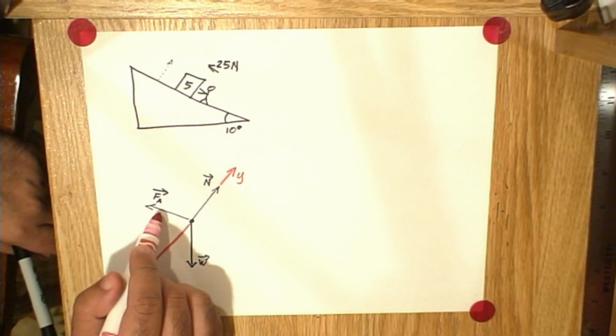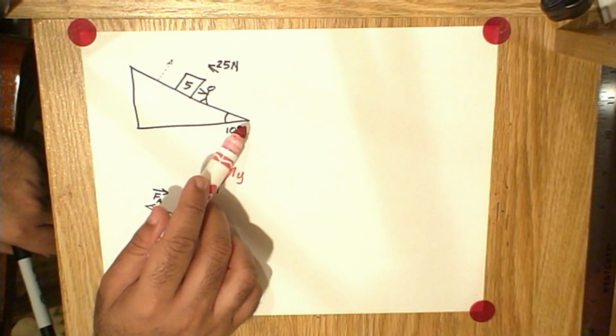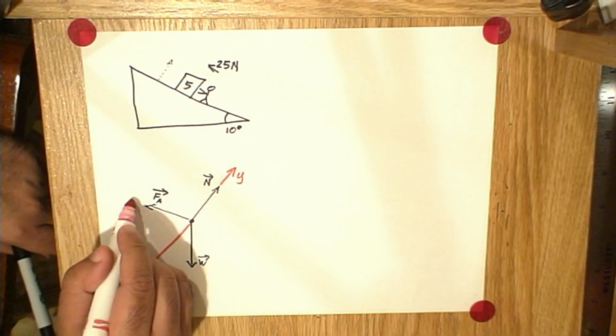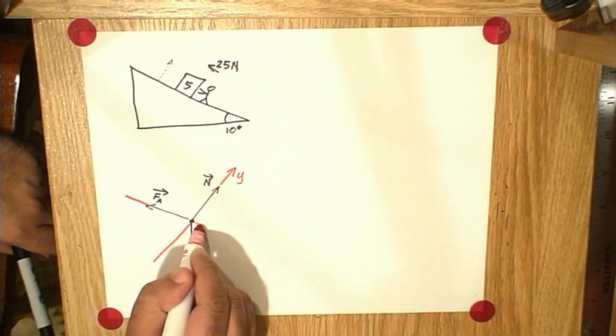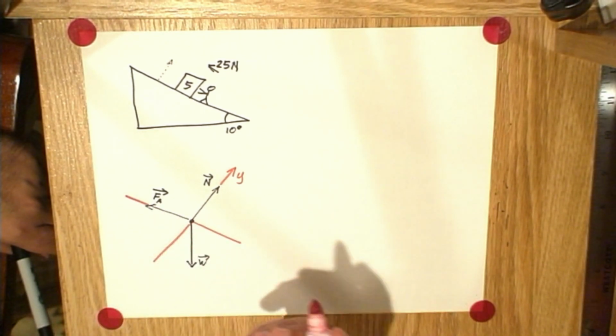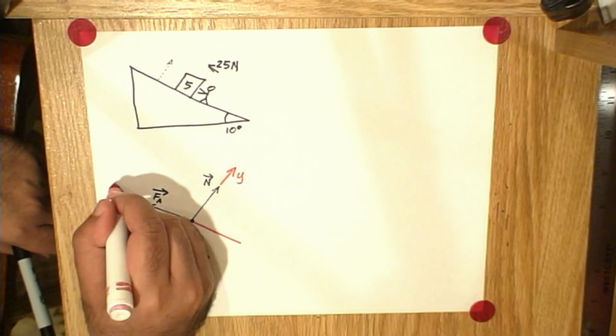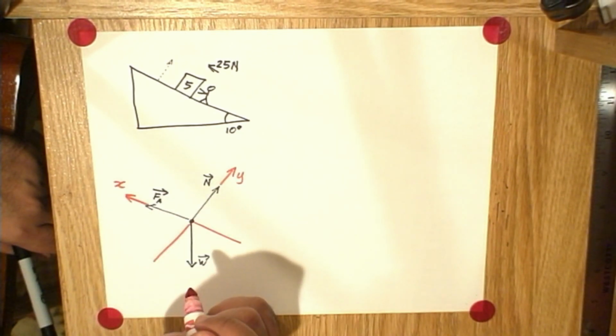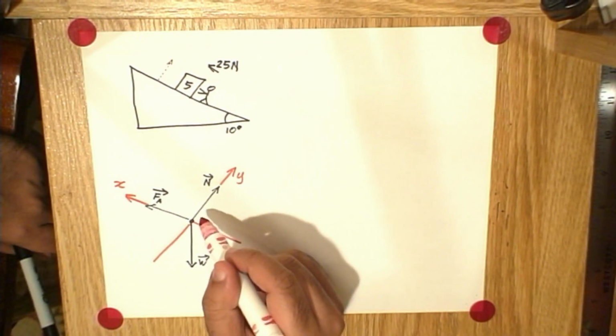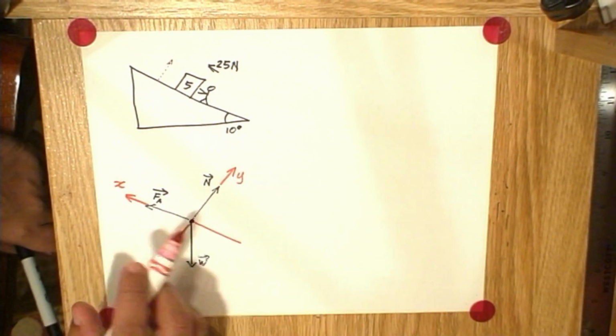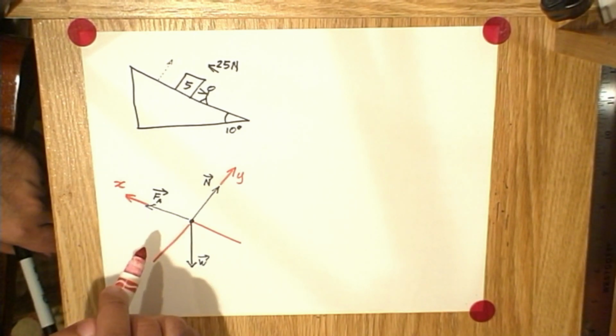That means that the applied force must be along the ramp. So the applied force is going to be along the x-axis, which is obviously going to be at right angles to this perpendicular. I'm going to set positive x in this direction.